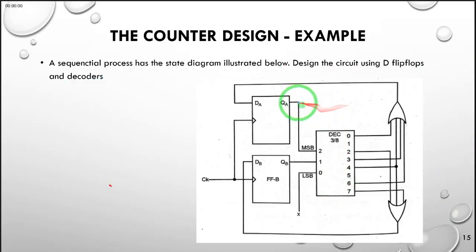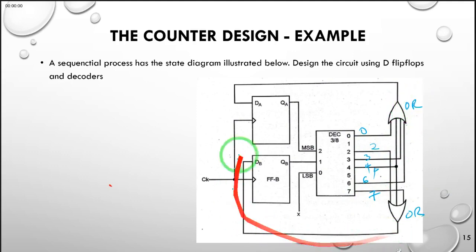So as you can see, we have two D flip-flops. They are fed by the same clock, and we have seen DA is the sum of minterms 0, 3, 4, and 6. And for DB, we have seen that it's fed by minterms 2, 4, and 7. Those minterms are always taken through an OR gate, and the OR gate is the one that is fed into our D flip-flop.